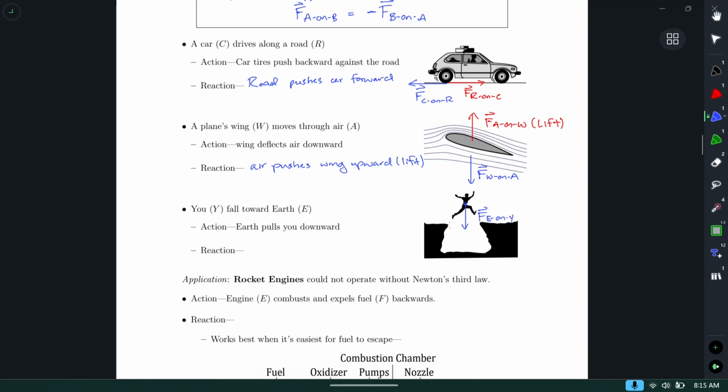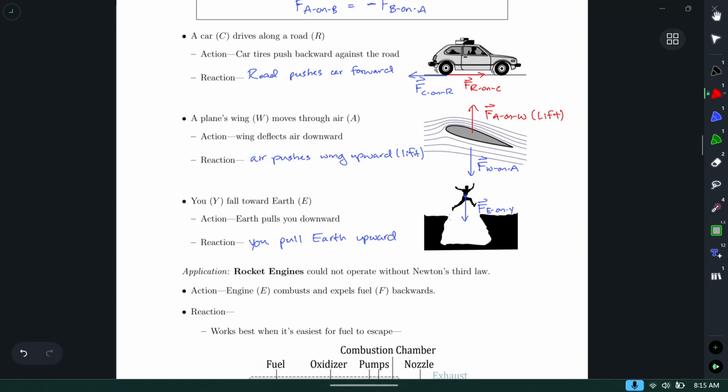You on Earth? Yeah. You pull the Earth upward, and with a force that is exactly the same size as the force Earth exerts on you.